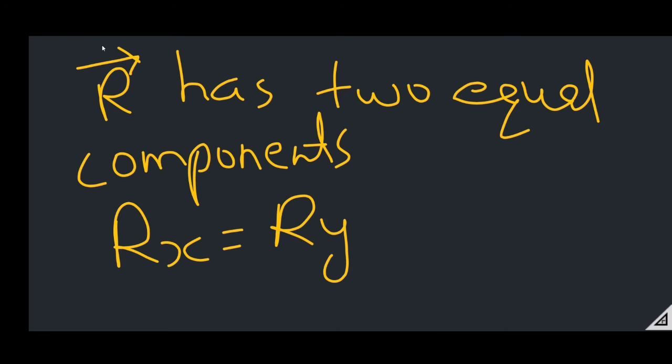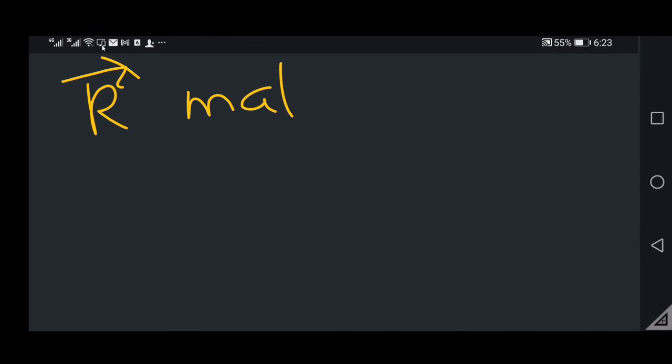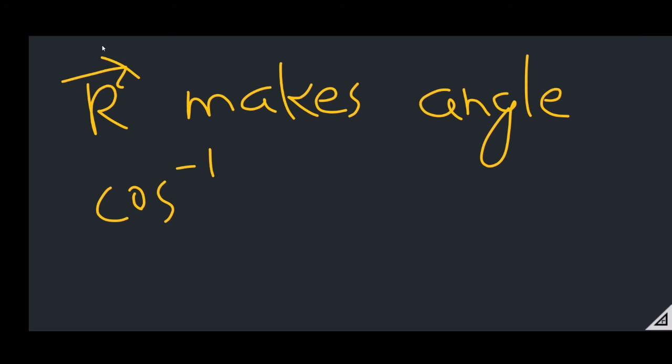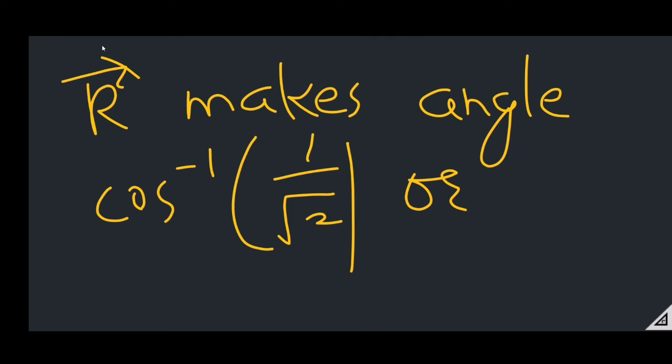Then the vector makes a certain angle with both components. How much angle? In this condition, r vector exactly makes angle cos inverse 1 by root 2, or 45-degree angle.